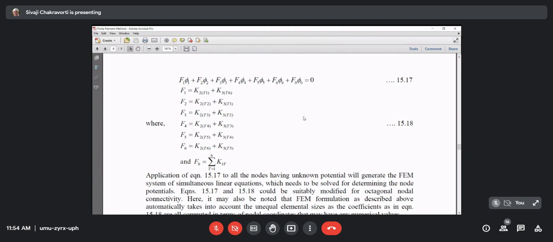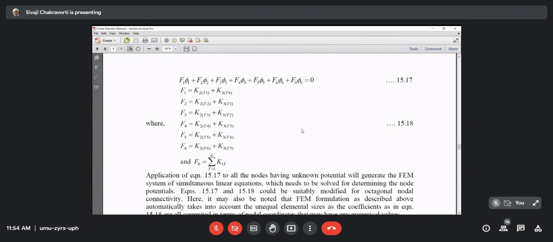And therefore, if I have 100 target nodes whose potential is unknown, I can write 100 equations. And so if I have 100 equations and 100 unknowns, I can solve this. This is very basic knowledge. And therefore the problem is solved. I can get the value of the unknown node potentials.